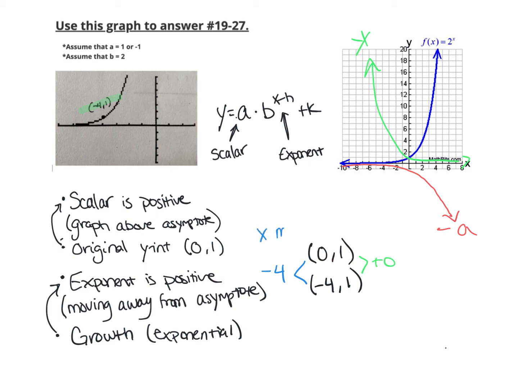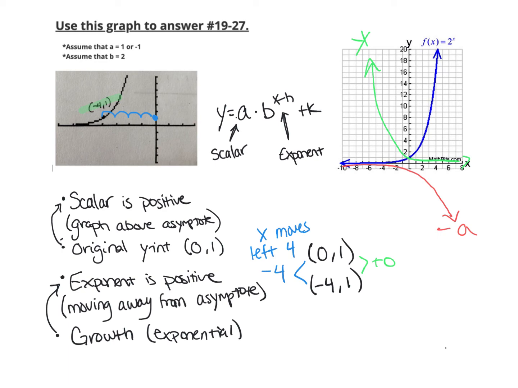So x moves left 4 spaces. That's what that means. You can also see that on the graph. If we were to take a look at 0, 1 right here, we see that we move over 1, 2, 3, 4 spaces to the left, and we didn't move up at all. So you can also graph that there and check that.